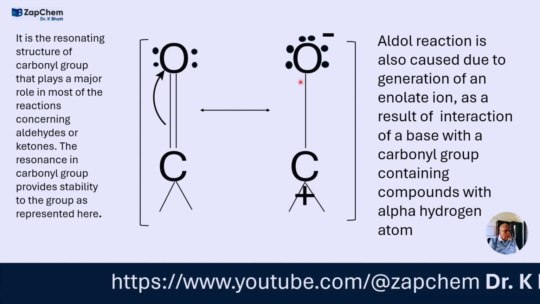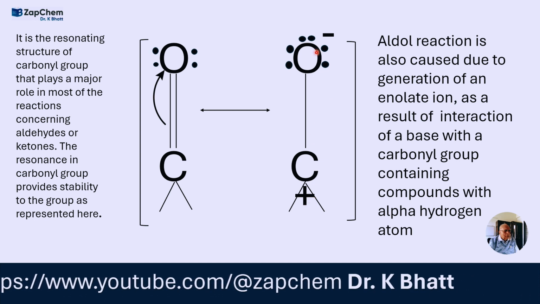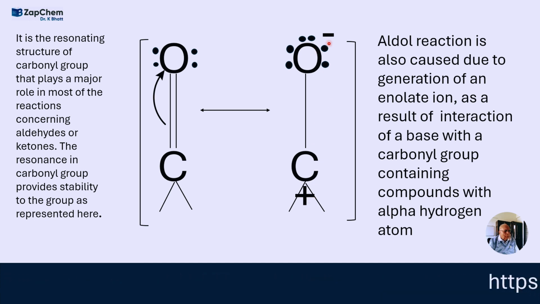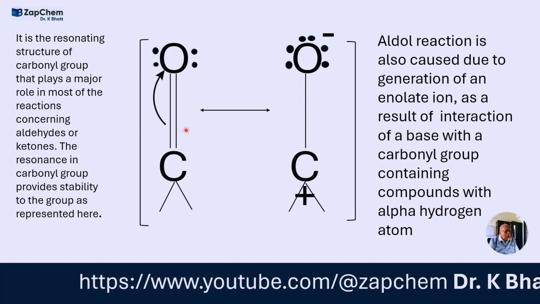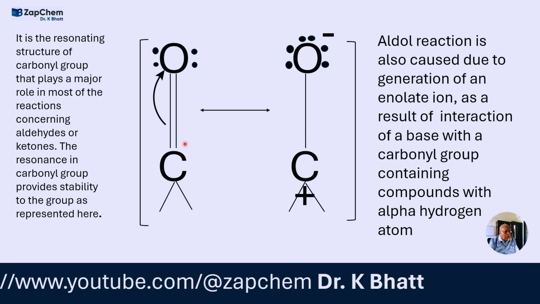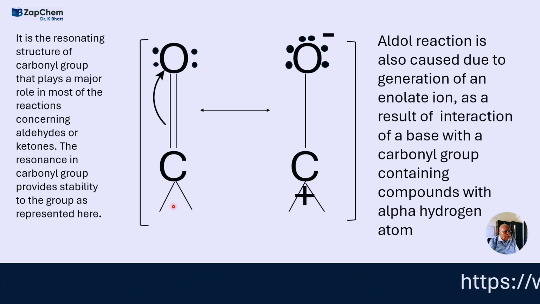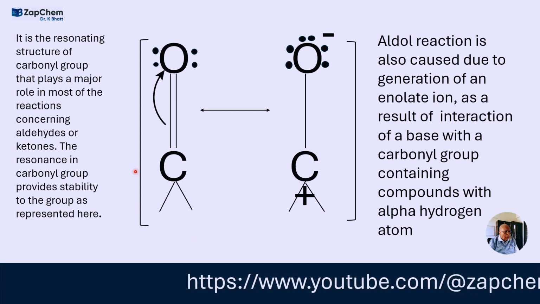But during this process, what has happened? The oxygen has become negatively charged and carbon is positively charged. So, between the two canonical forms, the resonating structure of the carbonyl group exists.